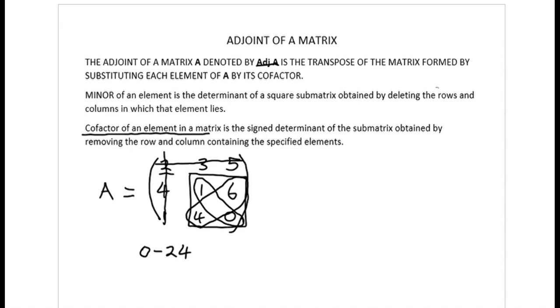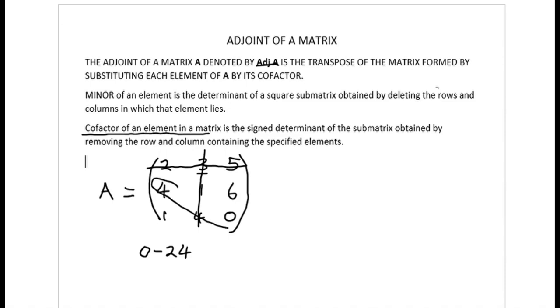Then the next thing, I'll first compute the determinant of each of these matrices with respect to their cofactors. For 3, I delete this row and this column, so I'm left with 4, 0.